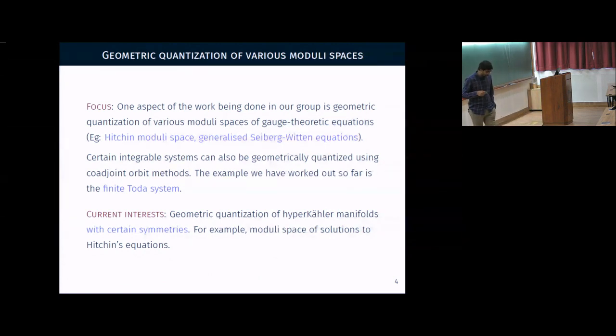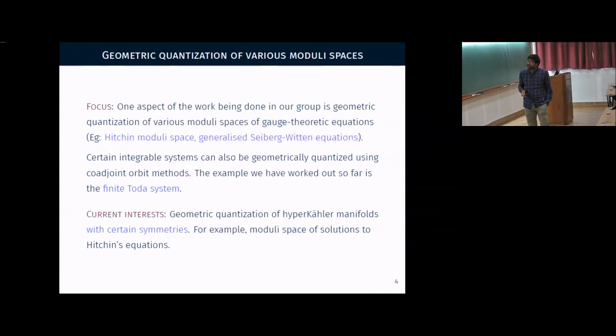More often than not, these various gauge theoretic equations and their moduli spaces carry a symplectic structure, and in some very nice cases, they also carry a hyperkähler structure. And it would be quite interesting to study this quantization because in a sense, we hope that it gives a quantum theory of these particular gauge theories.